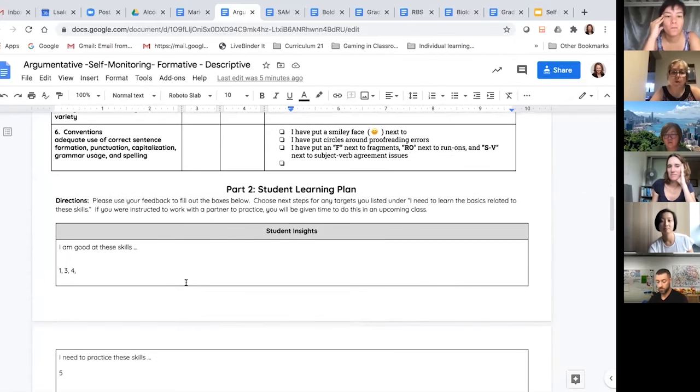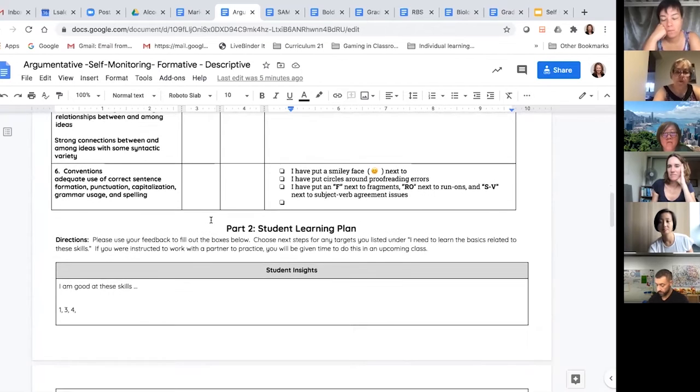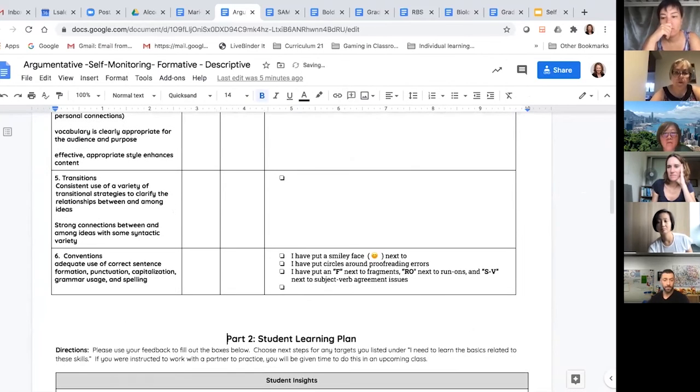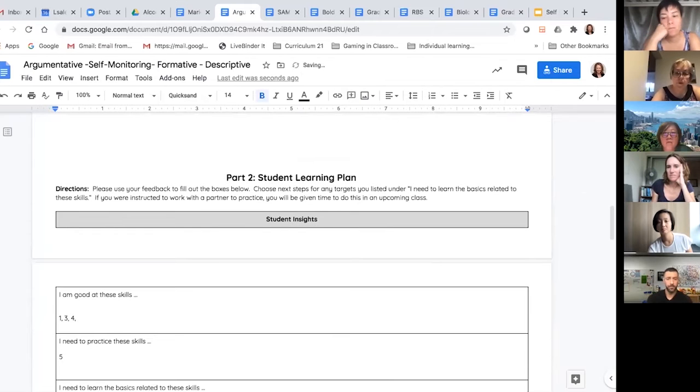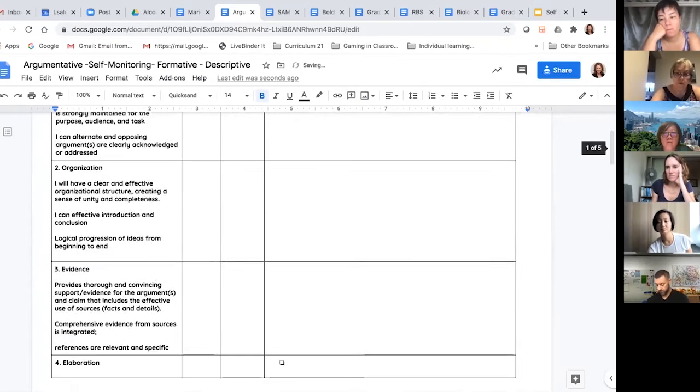Excellent. So Marie, I have a question connecting to what you just said. For a self-navigation tool, would you typically use that more in relation to a project or a product? Like this is an essay, right?